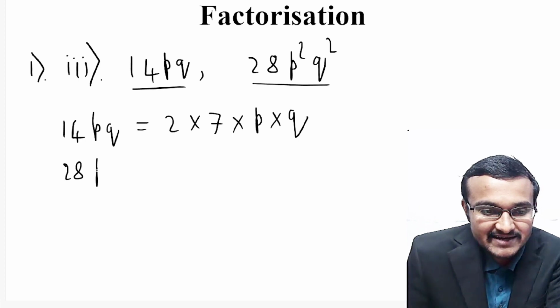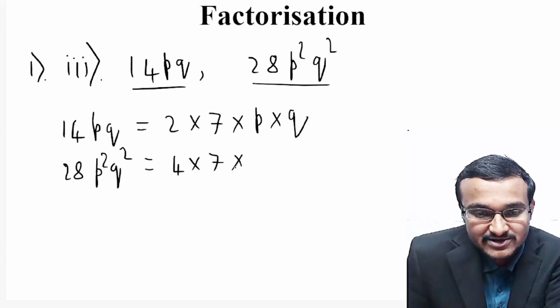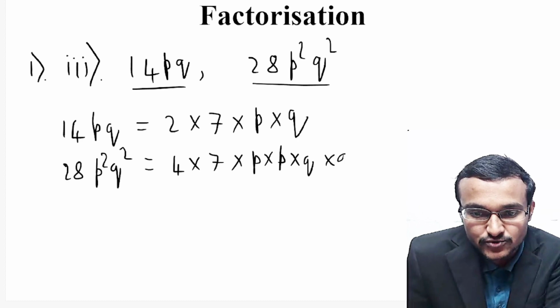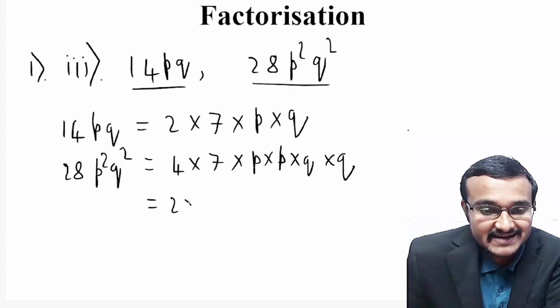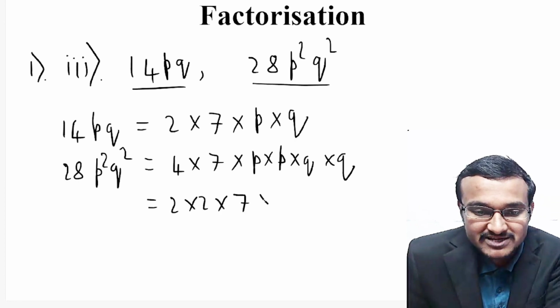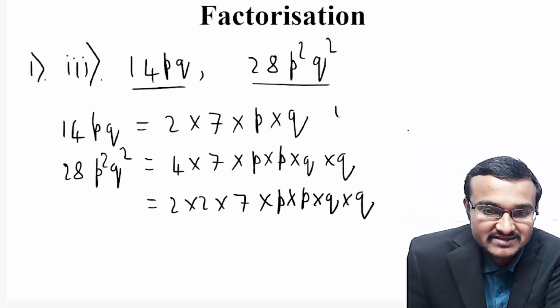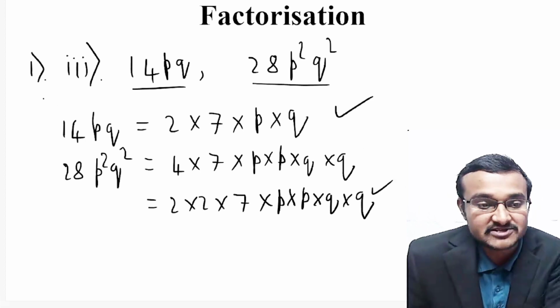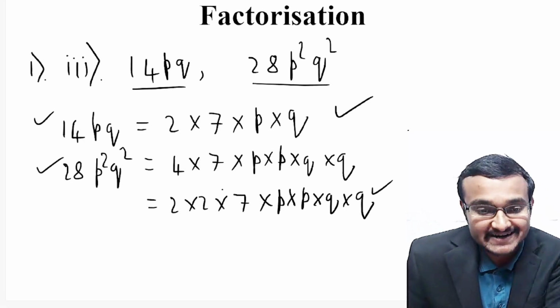Similarly, 28p square q square can be written as 4 into 7 into p into p into q into q. So now here 4 can be written as 2 into 2 into 7 into p into p into q into q.